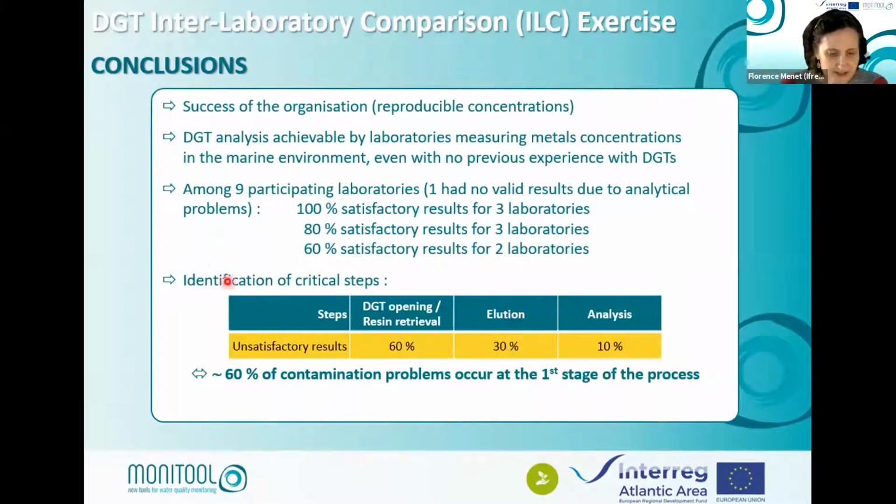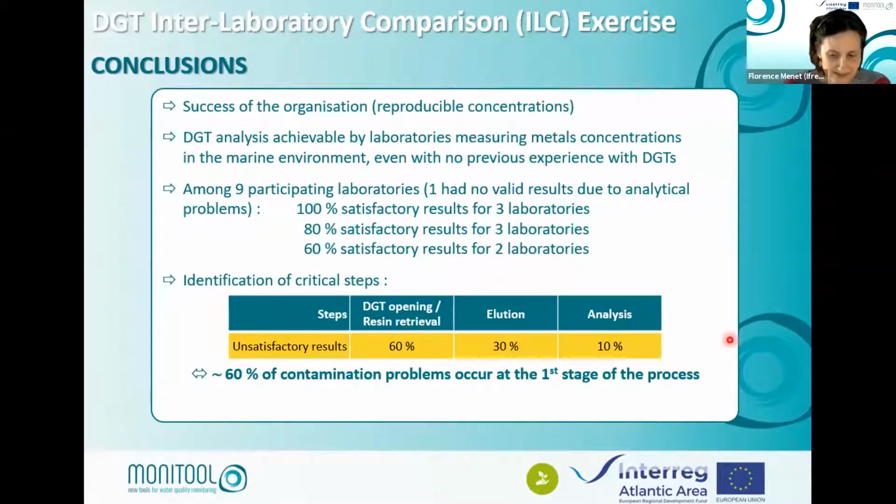And if we look at the different critical steps, what we see is that the unsatisfactory results are mostly happening during the DGT processing, when we have the DGT opening and resin retrieval steps to perform. 30% of these unsatisfactory results occur with the elution steps, so likely one-time contamination with the nitric acid, and 10% were due to a problem with analysis.